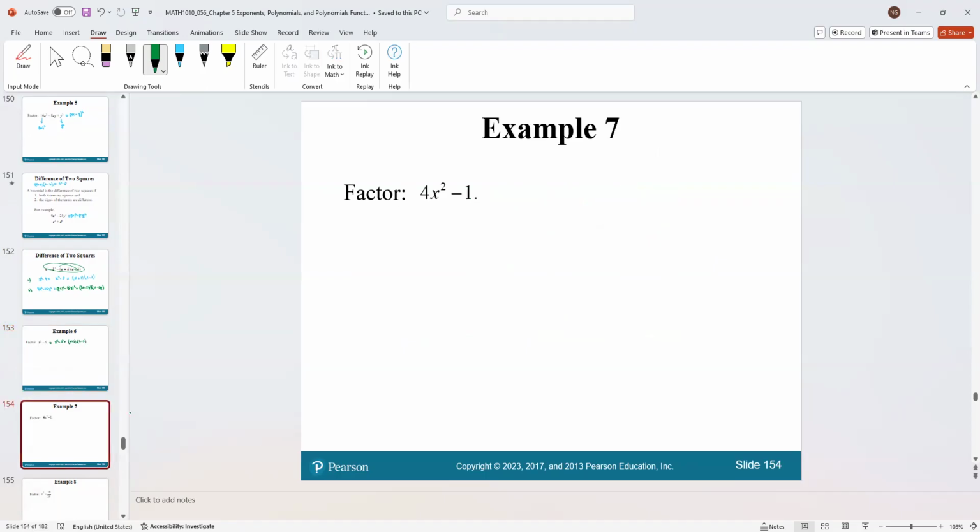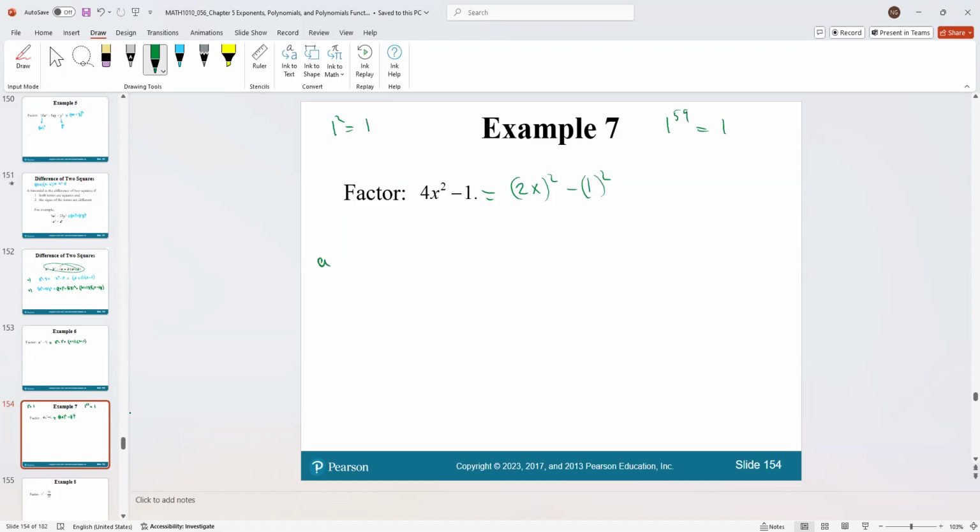But if you go with 7, 1 squared would always be equal to 1. 1 power 59 would always be equal to 1. So no matter what the exponent is for 1, it would be the same. So if I do 2x power 2 minus 1 power 2, 1 power 2 is 1.